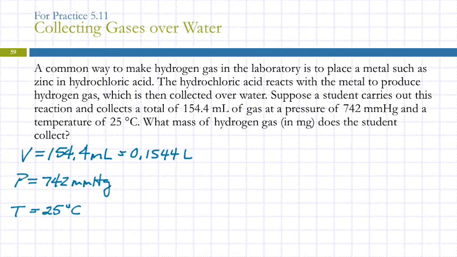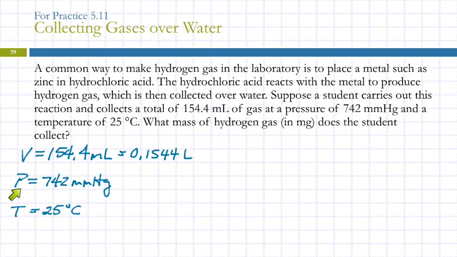So do I just plug this volume, the pressure and the temperature into the ideal gas law? What do I need to fix first? I need to fix the units on the pressure and the temperature, but there's something else I need to fix. Collected over water.